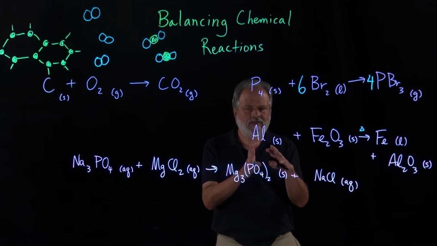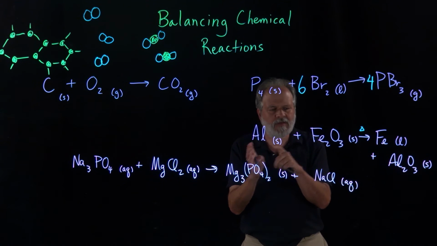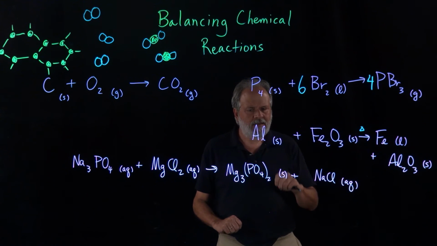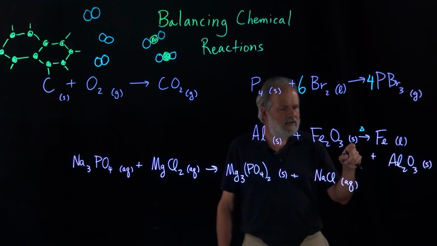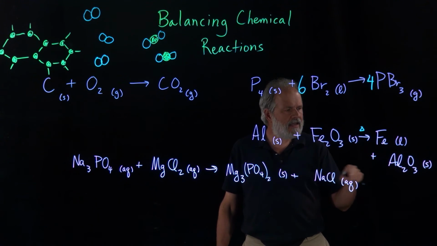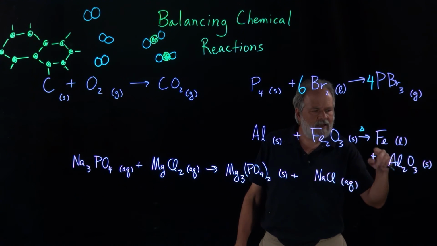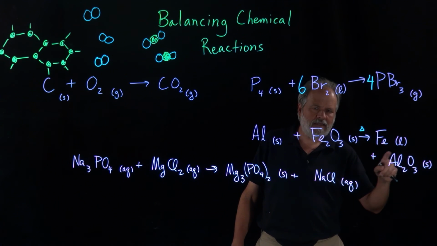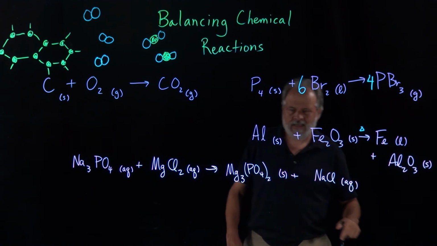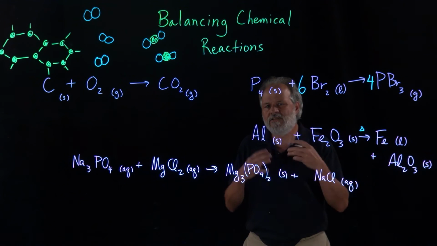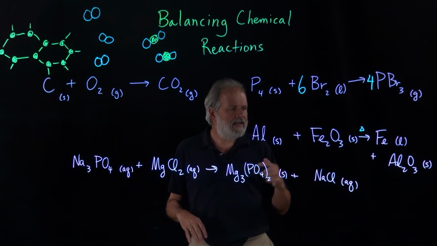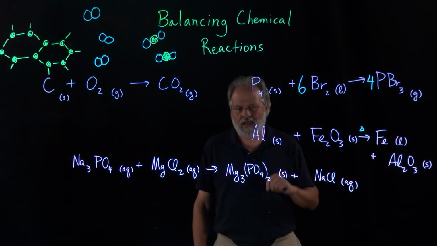What happens here is basically aluminum is taking the place of iron. So aluminum's a pure metal here, iron is in the oxide. Now iron is the pure element, the metal, and aluminum is in the oxide. That's how thermite works. It doesn't use oxygen from the air, it uses oxygen from rust.